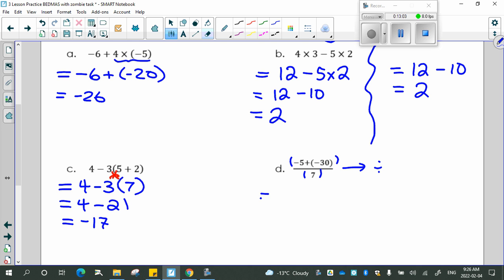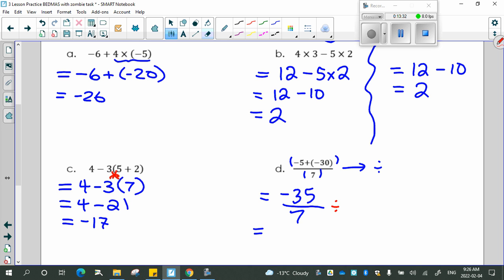So the first step is, how do I make the top as small as possible? Well, I follow BEDMAS within just the top, okay? So what's there to do inside the brackets? Add. -5 plus -30. So if I'm adding 2 negatives together, I get more negatives, so it's -35. And there's nothing I have to do to make the bottom smaller. So I just leave it as 7. But then I have to remember this vertical division bar means divide.